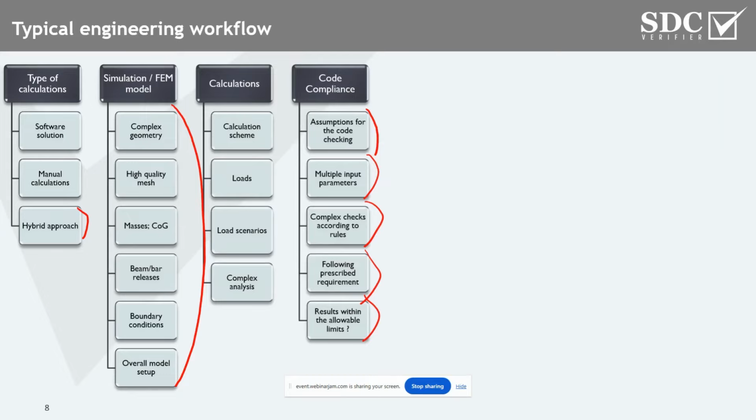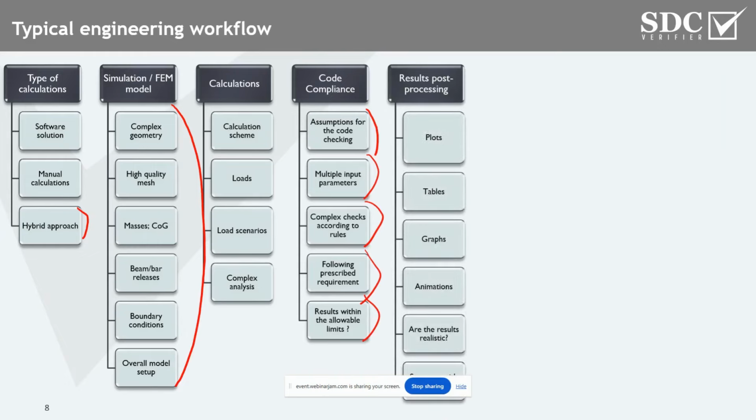After receiving those results, we get into the post-processing stage. We need to create plots, tables, graphs, animations, but we need to come to the final point: are the results realistic? We need to make a summary and make sure that what we do is the correct thing.